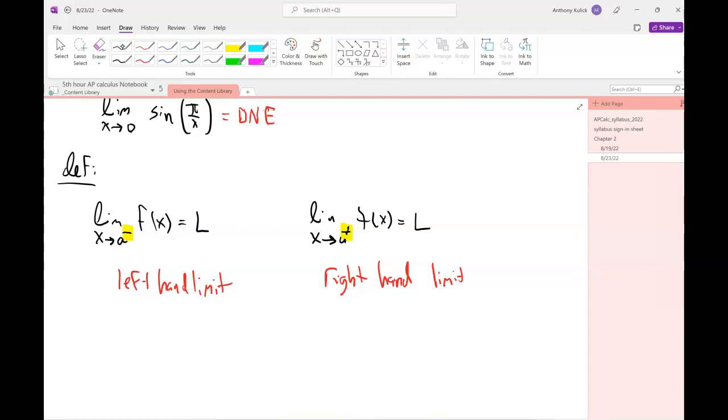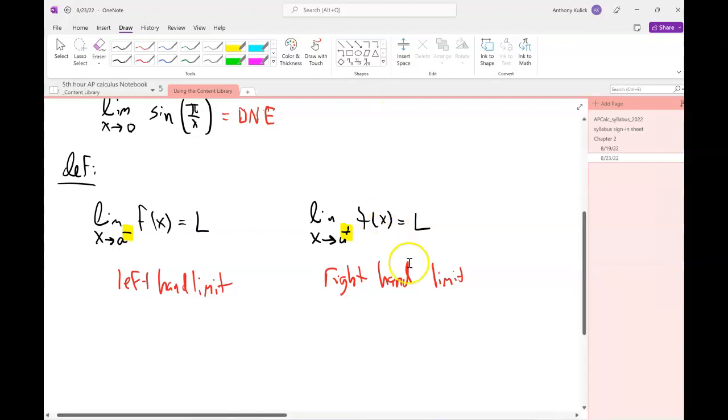For the limit to exist, the right-hand limit and left-hand limit have to match. That's basically all we're saying, right?